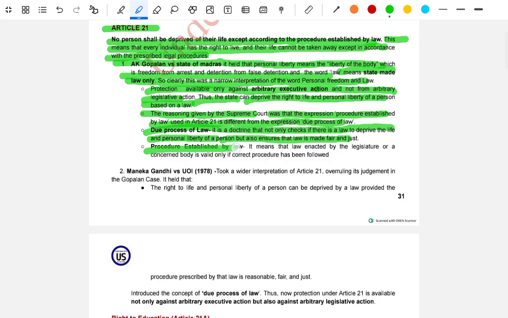Procedure established by law means that a law enacted by the legislature or the concerned body is valid only if the prescribed procedure has been followed.